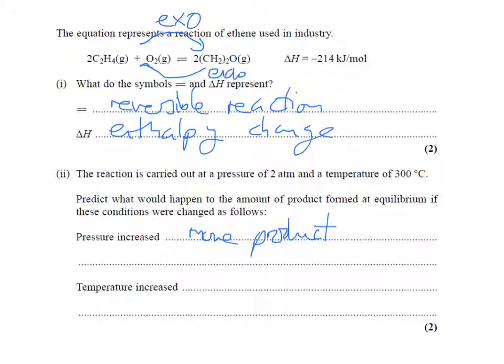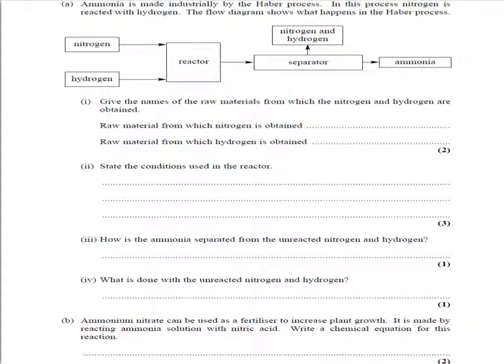So if the temperature is increased, we get less product, because the backwards reaction is endothermic. Now this question initially looks quite tricky, but actually they've given a huge amount of information in the question, so a lot of the marks can be picked up from reading the question.